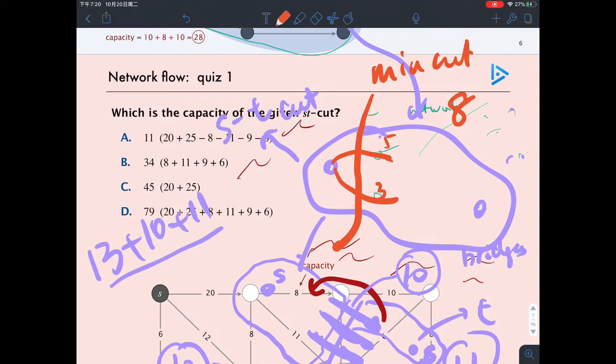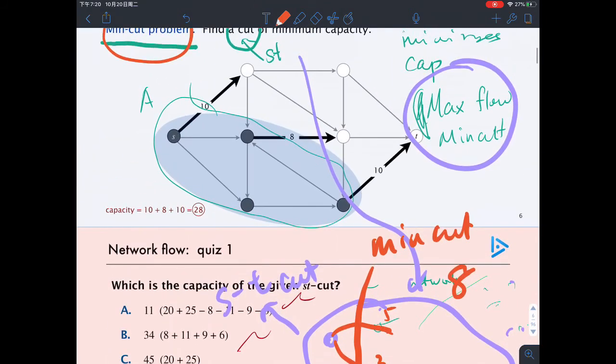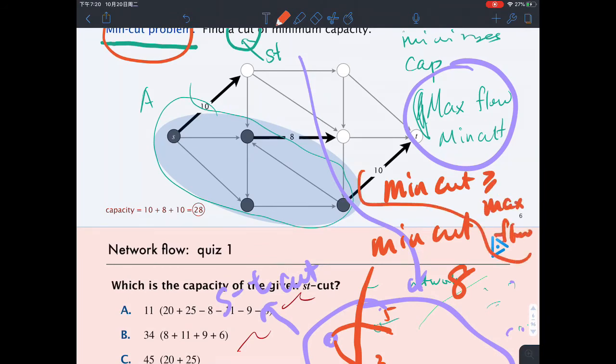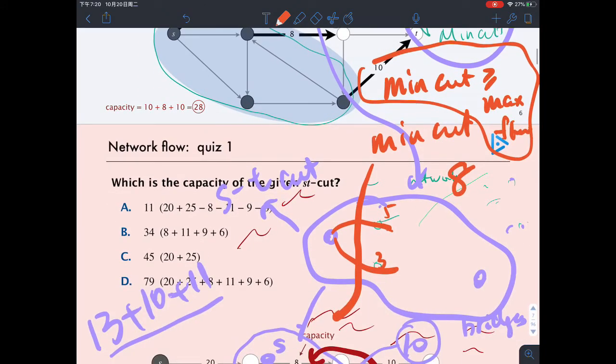and somehow I know that the capacity of the min cut is only 8, then I know that 8 is an upper bound of the flow we can use. I'm trying to show that the min cut has to be larger than the max flow. This is actually the direction that's easier to prove.